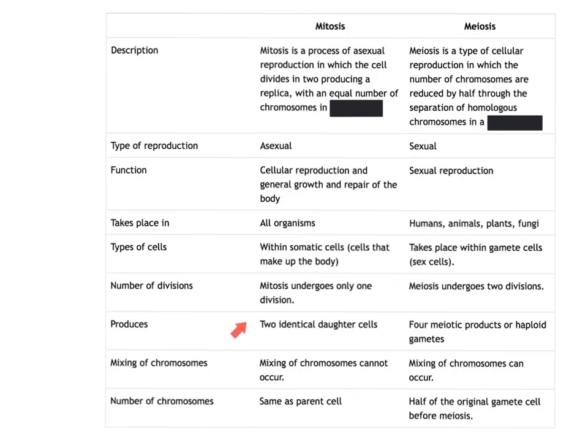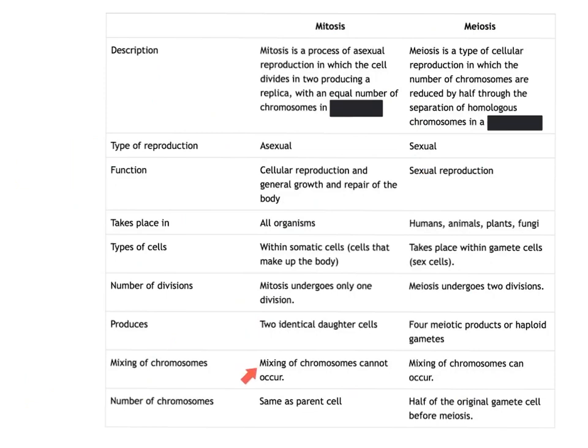In mitosis, we will form two identical cells. In meiosis, we will form 4 cells that are not identical, and they are haploid in nature, carrying only half the chromosome number. So in humans, these would carry 23 chromosomes, where in mitosis they would carry 46.